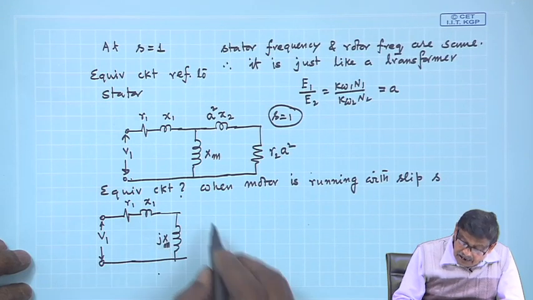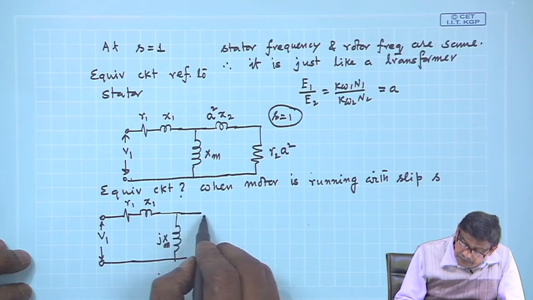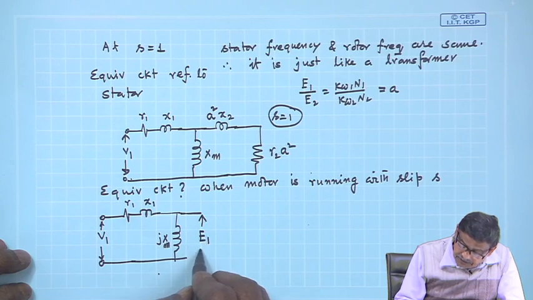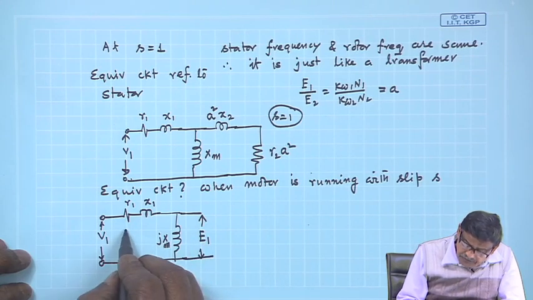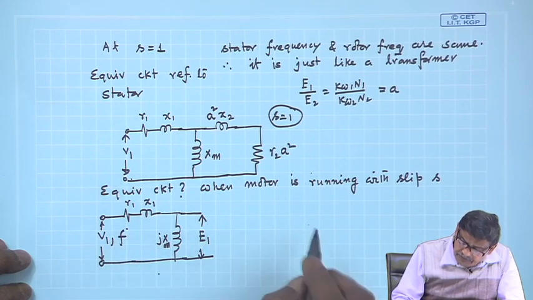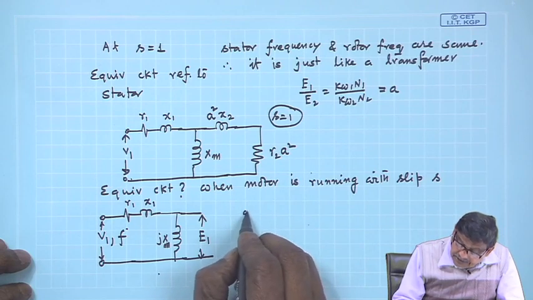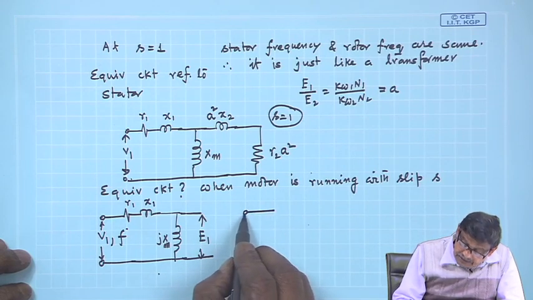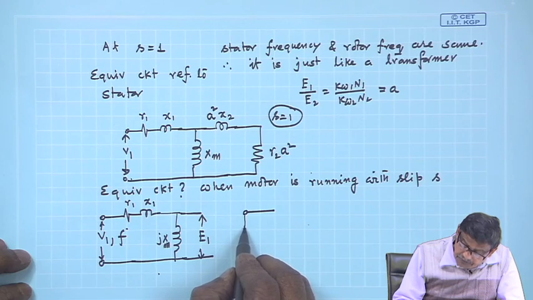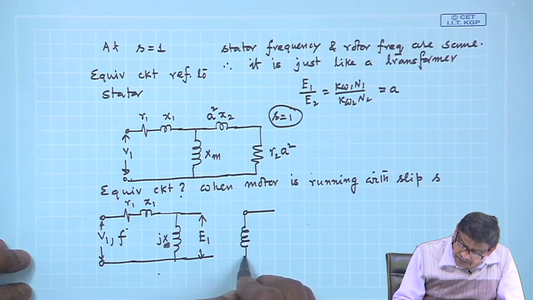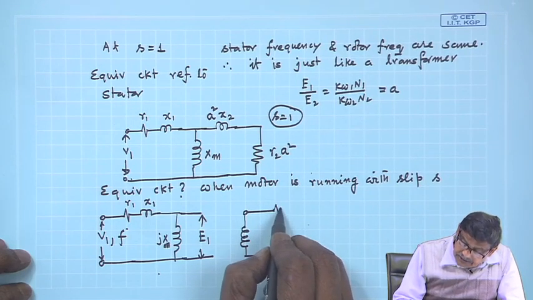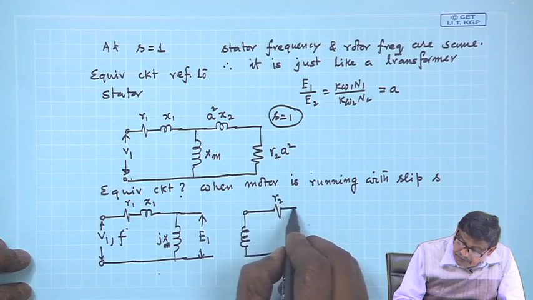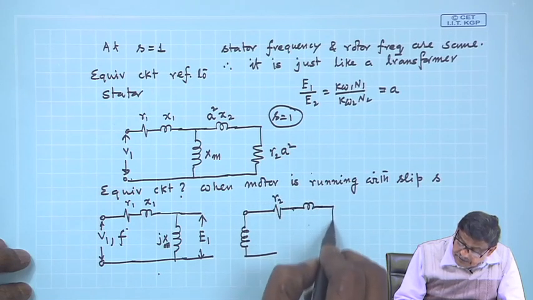Here is that coil which is having a voltage E 1, and all frequencies here are F. And on the secondary side, there is a source of EMF, or just a coil I will draw, and here is R 2, here is the reactance, and it is shorted.